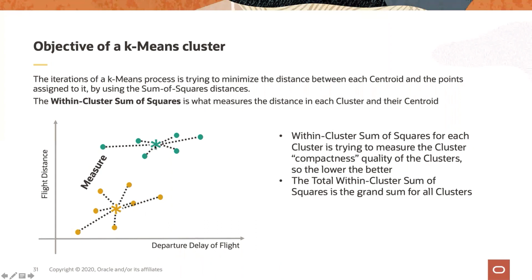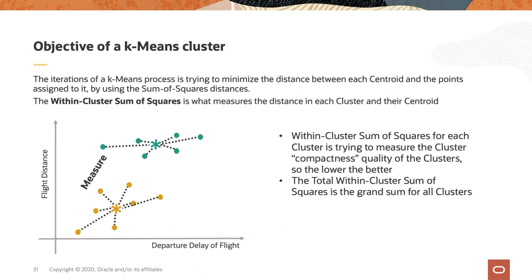And the smaller this distance is, probably the better the model, right? So when you compare one model to another, or two different techniques or steps trying to do the same thing, you want the smaller total within sum of squares, because that tells you you have more compact clusters.